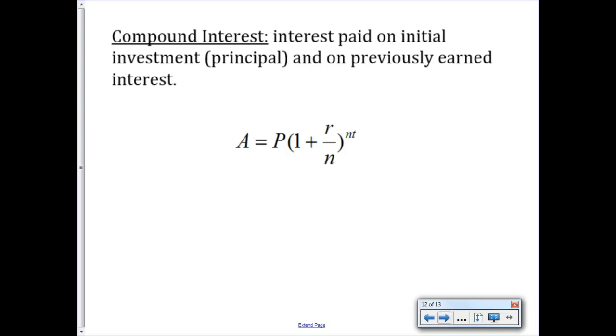Okay, compound interest has a little more complex equation here. So compound interest is the interest paid on initial investment, or the principal amount, and on previously earned interest. So in this case, P is our principal amount, just like it was before. It's where we start. R is our rate.